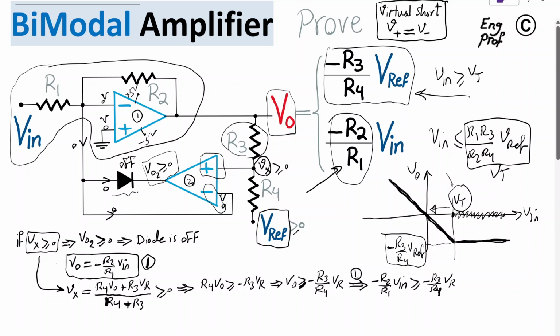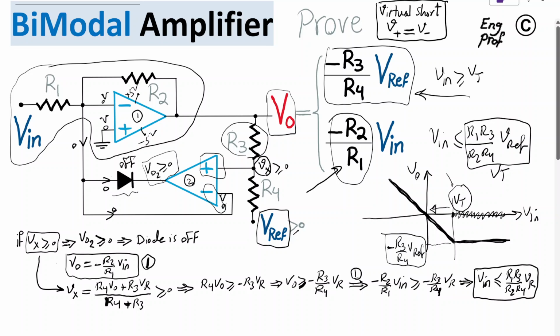And finalizing the whole thing, when we shuffle things around, multiplying both sides of the inequality by negative, we end up with Vn for this situation being less than or equal to R1 R3 divided by R2 R4 times Vreference. This is exactly the condition we talked about.